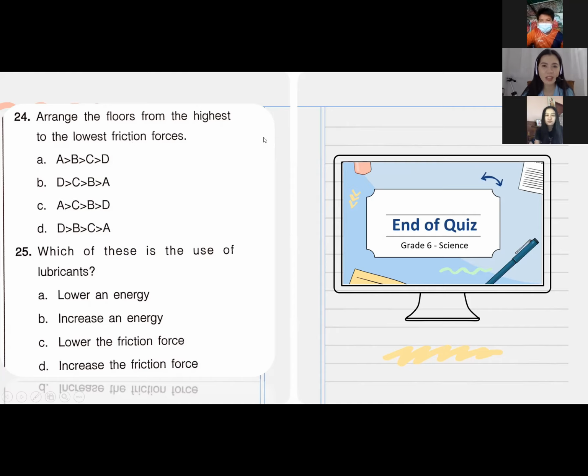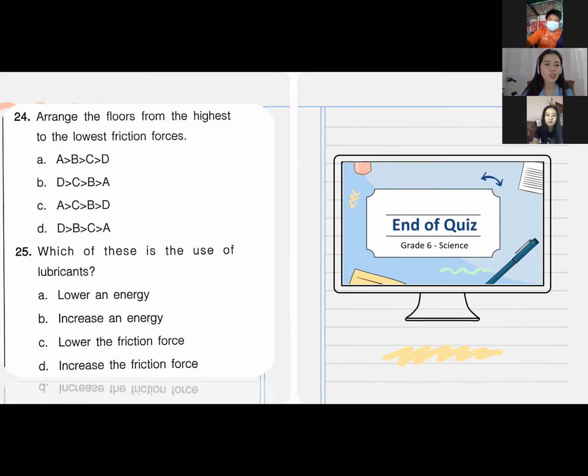Is everybody finished? Class, are you finished with number 24? Yes, teacher. Okay. Number 25. Which of these is the use of lubricants? When we say lubricants, for example, it is oil.